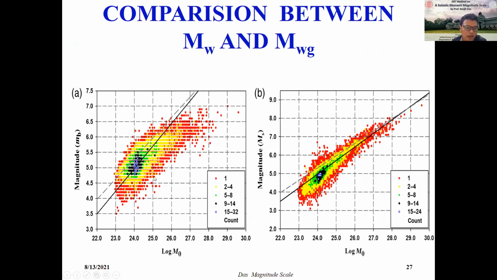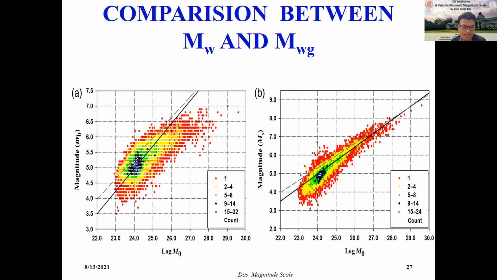From the seismic moments we calculate our scale, and also the Hanks-Kanamori scale. In both cases we found very good closeness in case of mb, and also in case of Ms, especially in the range of 25 to 29 seismic moment, or in the sense of Ms, 6 or more than 6.